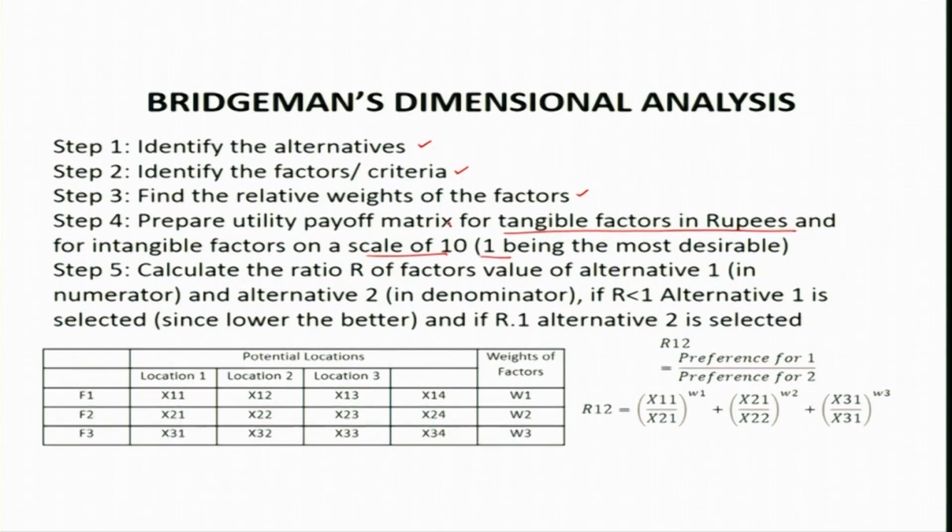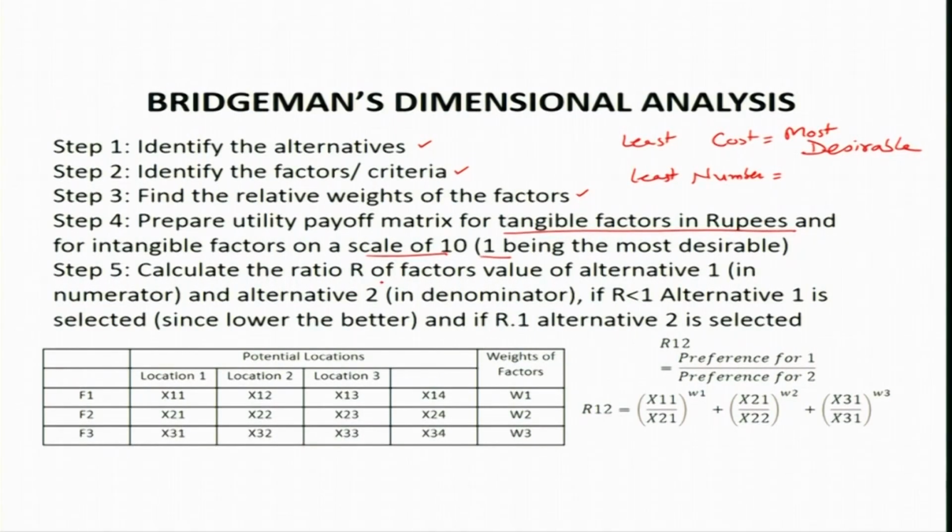It is taken because in cost also, lower means most desirable; the alternative which is having the least cost is the most desirable. Similarly for intangible factors also, the least number is most desirable. So 1 is most desirable here.